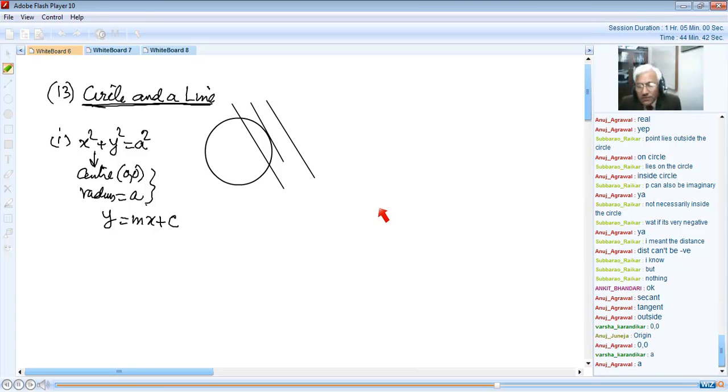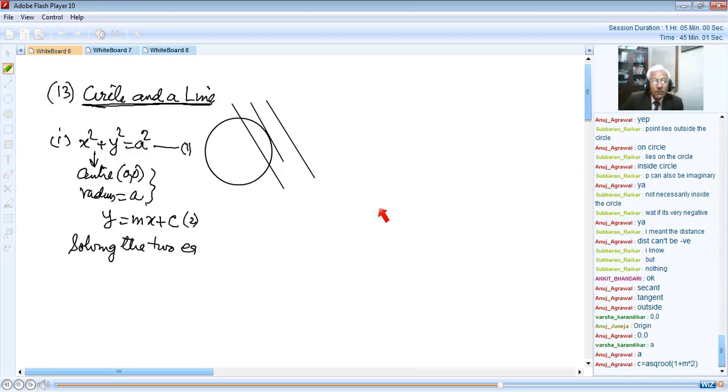The first method is, we solve the two equations, number 1 and number 2. What do we get? We get x square plus y, written as mx plus c, whole square equal to a square.